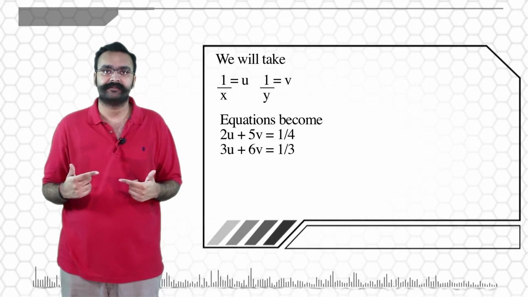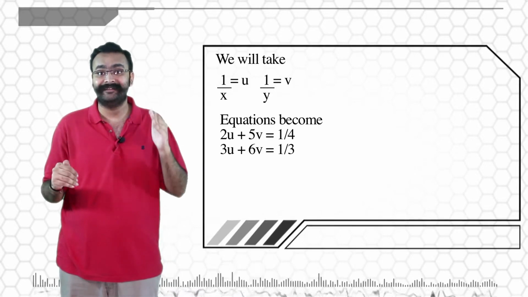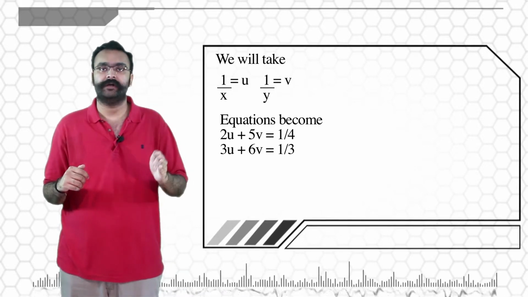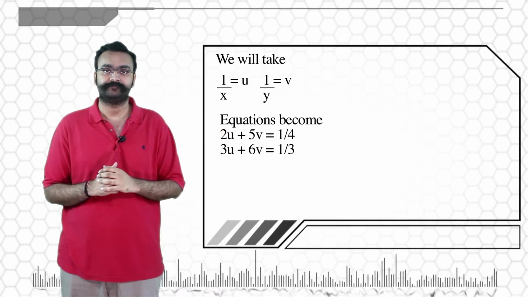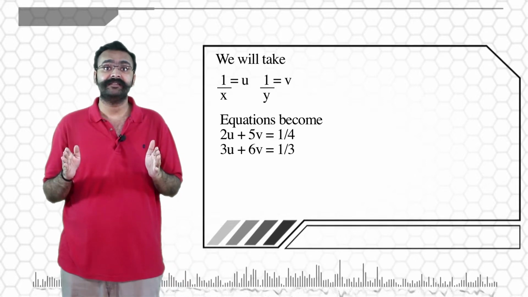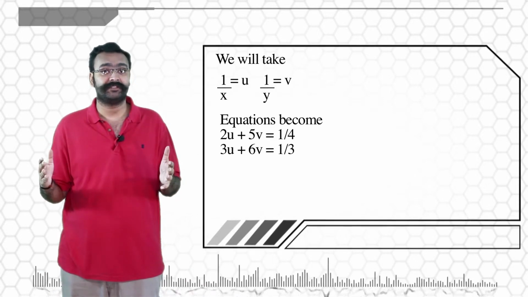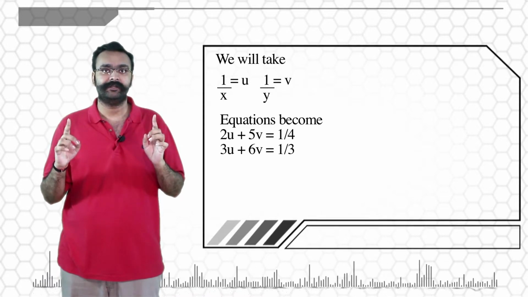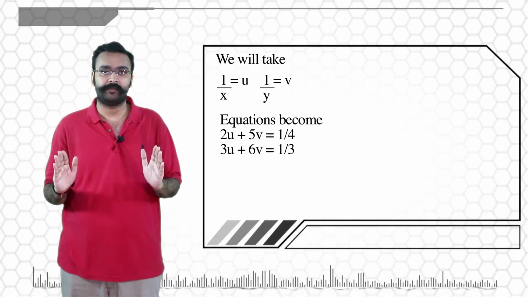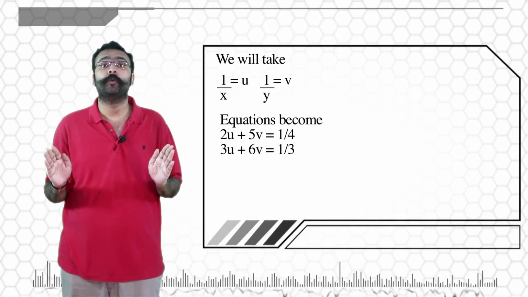Why is it this? Like I said, the focus is daily work of a person, an individual, and a group. So like this, there are many types of questions that can be formed. As long as you are careful and intelligent and form your equations properly, you will have no problem.